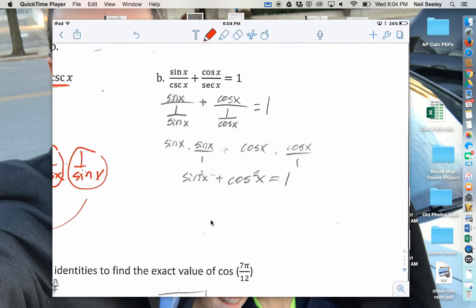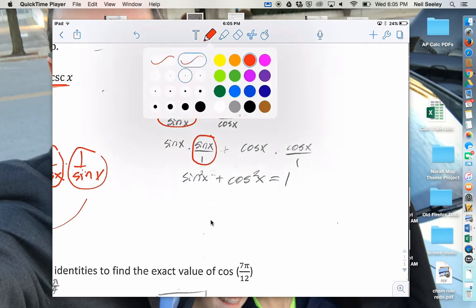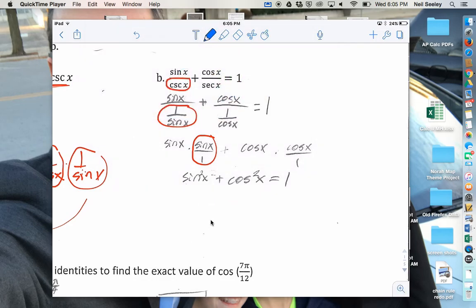The second identity, using a similar technique, the cosecant in the denominator, you want to change to 1 over sine, and when you divide by a fraction, you want to multiply by the reciprocal. And then second, you look at the next fraction, you have that secant that you see in the original is the same as 1 over cosine.